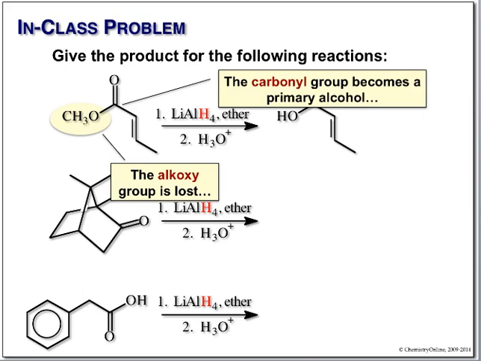Go ahead and look at this one. This is the natural product camphor. It's a bicyclic ring, two methyl groups on the bridge, another methyl group here.